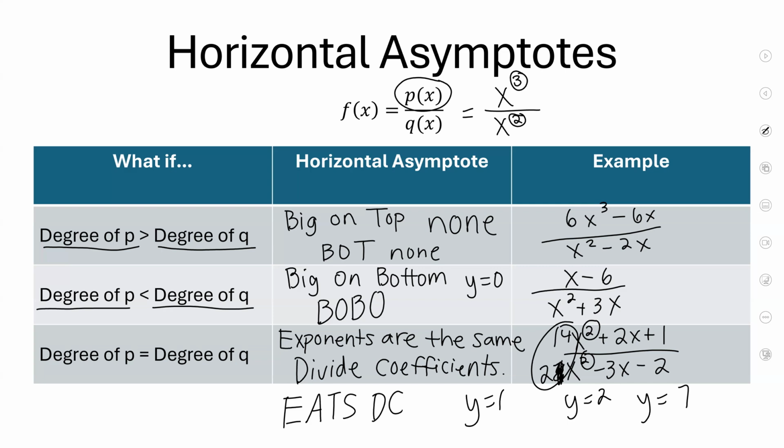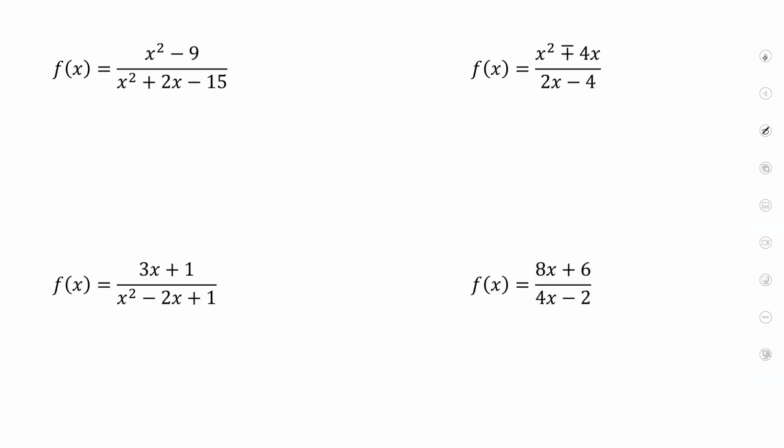So let's look at some examples. I'll do the first 3 with you. Is it big on bottom, top, or the same? Yep, they both have degree 2. So what do? Yep, 1 and 1 is just 1. Okay, big on bottom, top, or the same? If it's big on top, what is it?